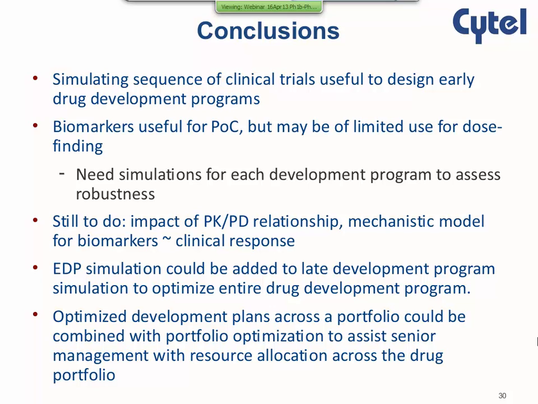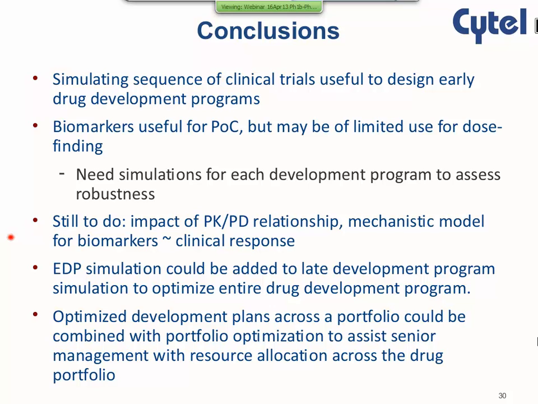In this particular example, biomarkers are useful for POC, but may be of only limited use for dose finding. Each development program is different. This applies only to one example, so it may be different with other biomarkers and other development programs.